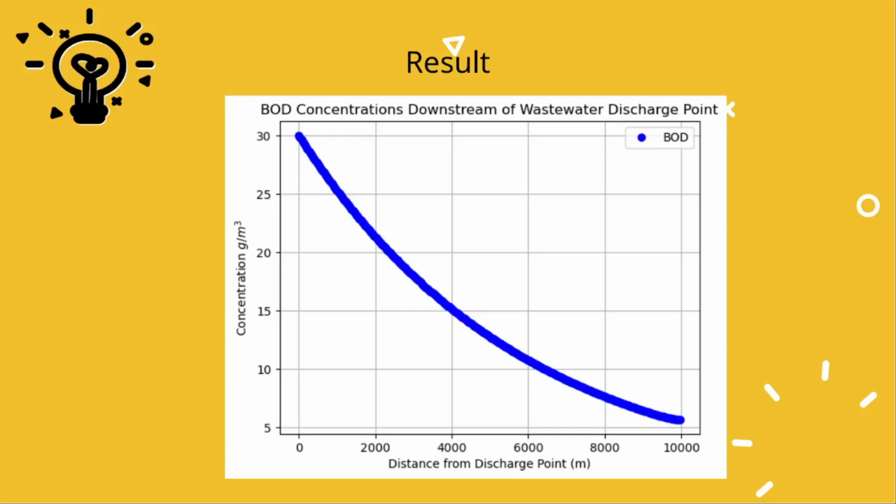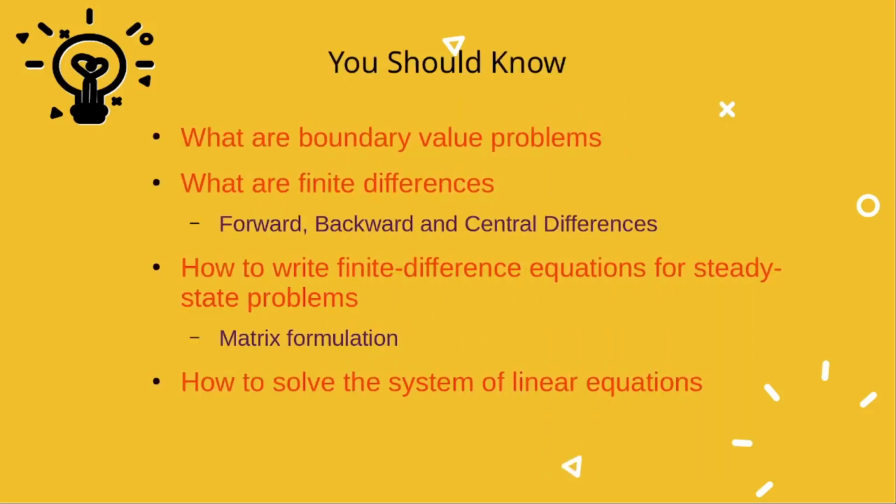So models like this are useful to do what are known as waste load allocations, which basically tell a city how much waste they can discharge into a river and where they should be discharging waste, at what location, and so on and so forth, to minimize the impact on the environment.